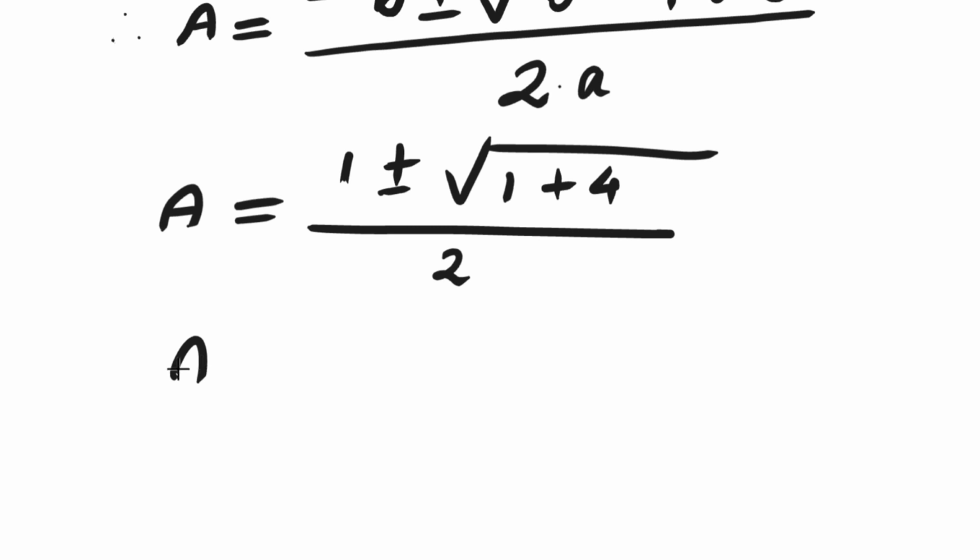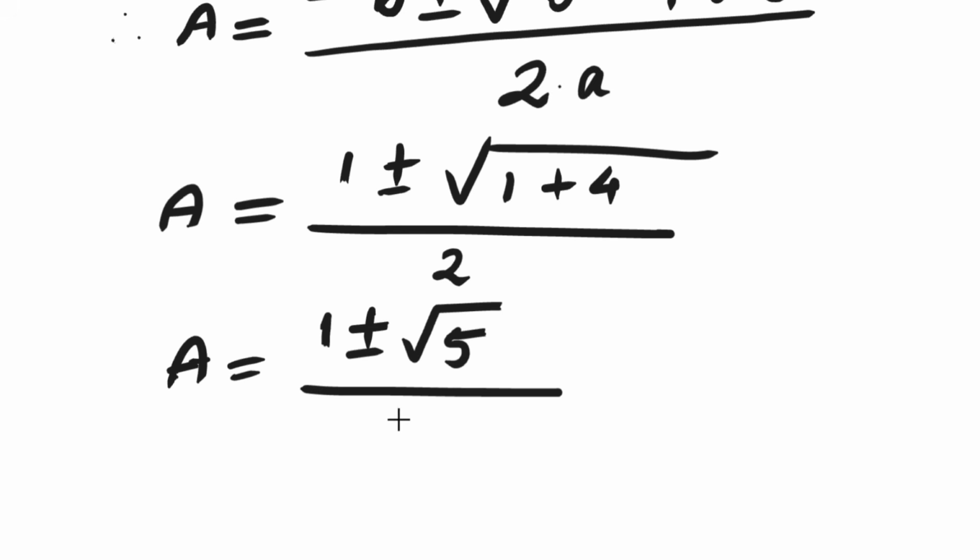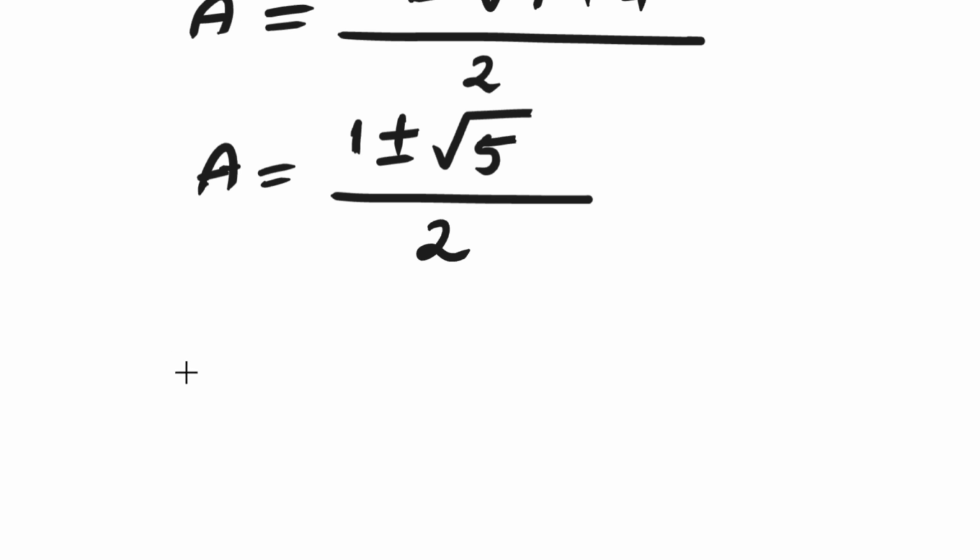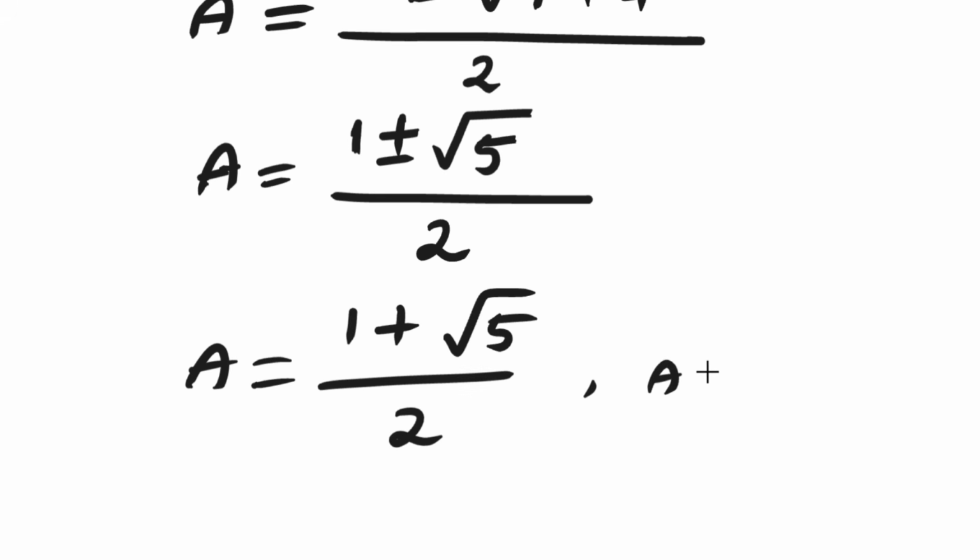So the equation simplifies to capital A equals the quantity 1 plus or minus square root of 5 divided by 2. This gives us two possible values. The first value is the quantity 1 plus square root of 5 divided by 2, and the second value is the quantity 1 minus square root of 5 divided by 2.